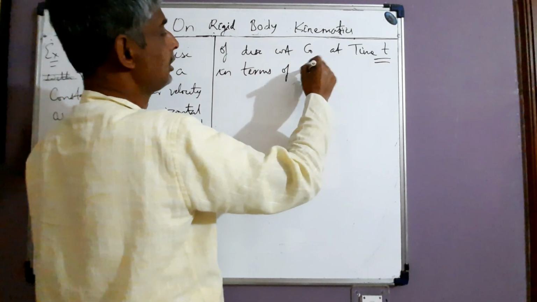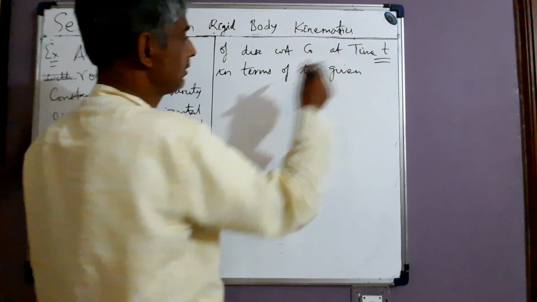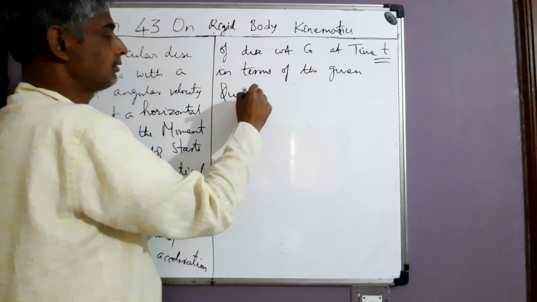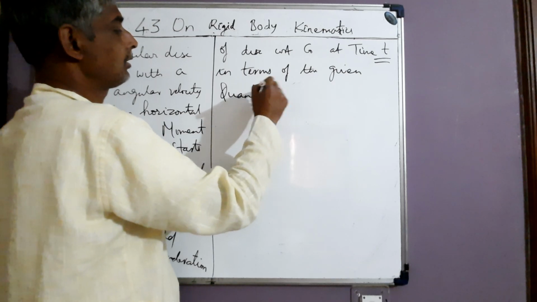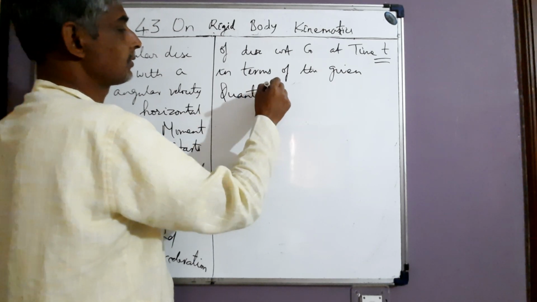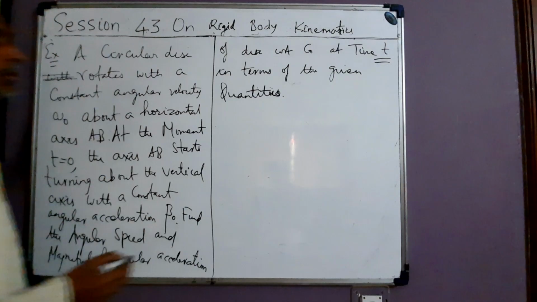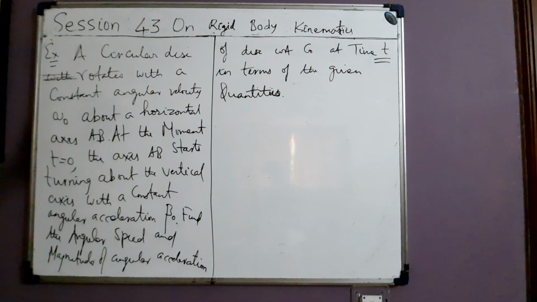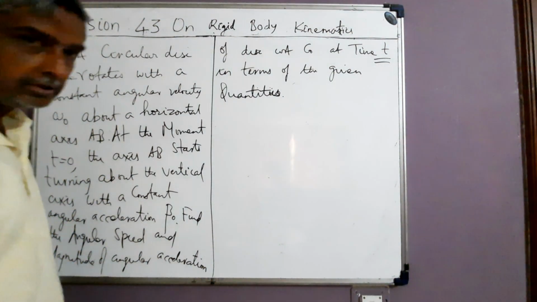In terms of the given quantities: omega naught, beta naught and t.